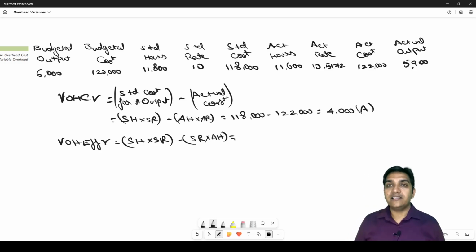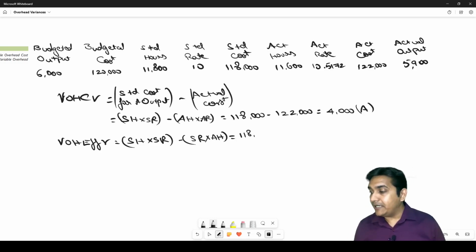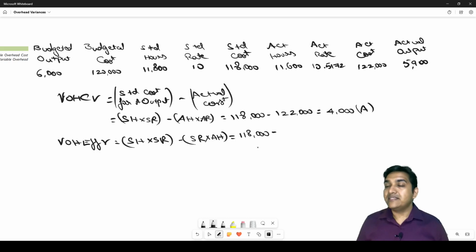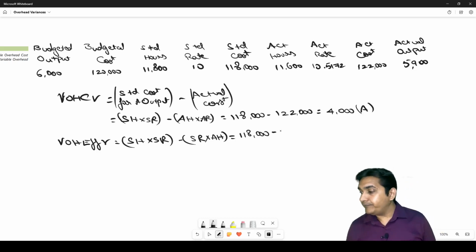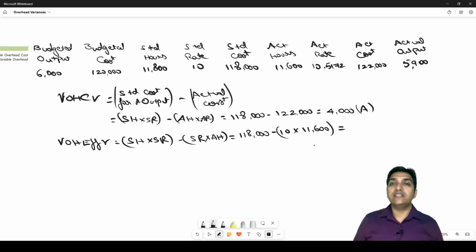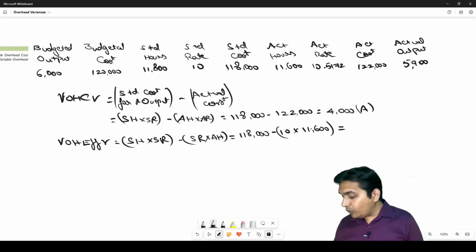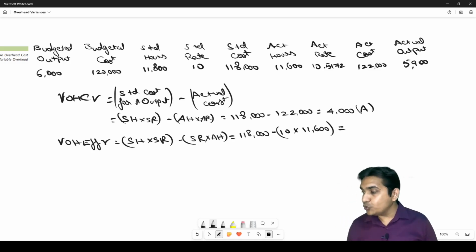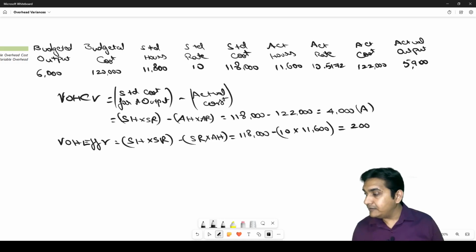So standard hours into standard rate, we already know it is 1,18,000, minus standard rate, which is 10, and actual hours is 11,600. So the variance for this would be 1,18,000 minus 1,16,000, which is 2,000 favorable.